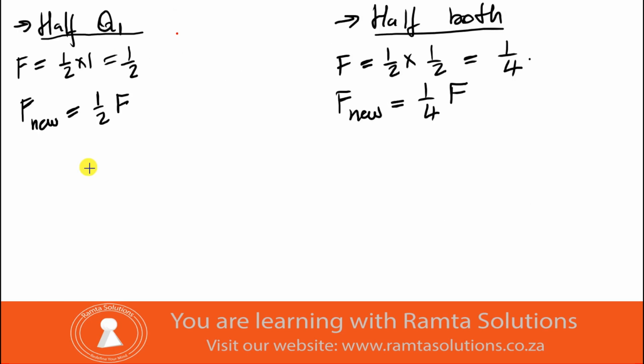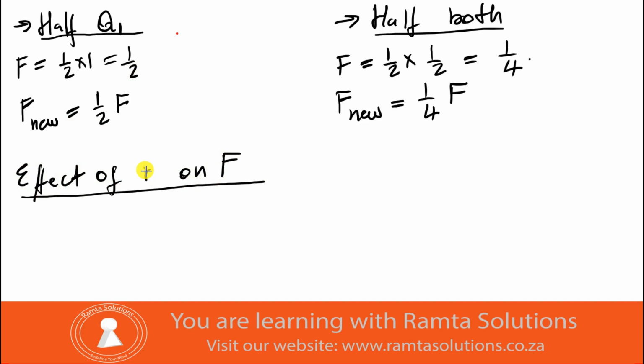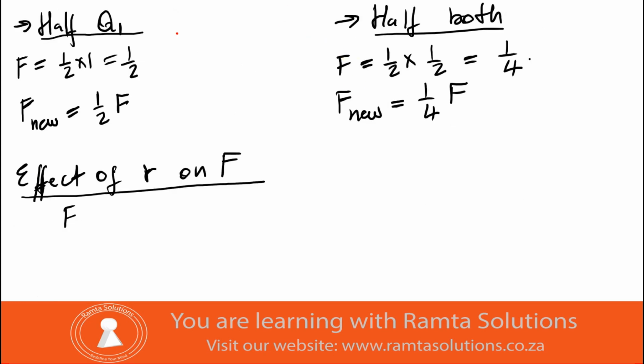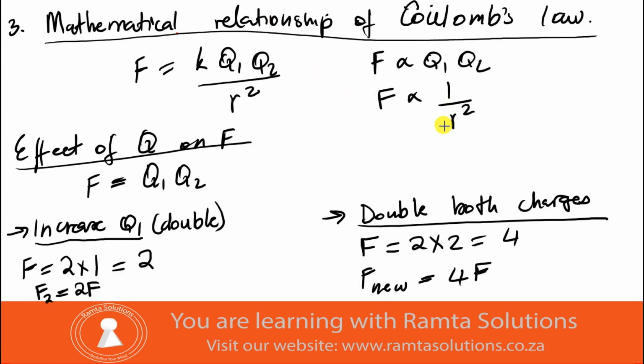So now let's look at the effect of distance on F. What is it? So remember, we had said F is inversely proportional to the square of the distance, right?